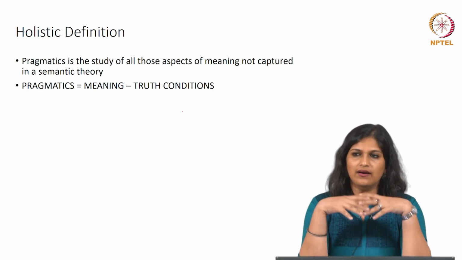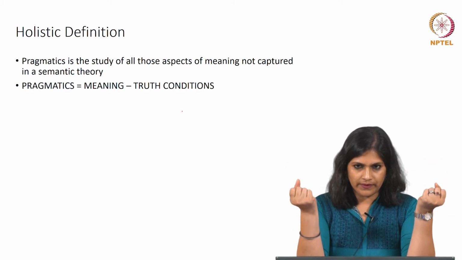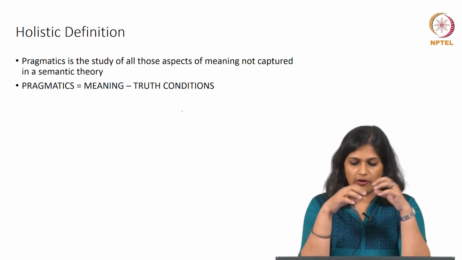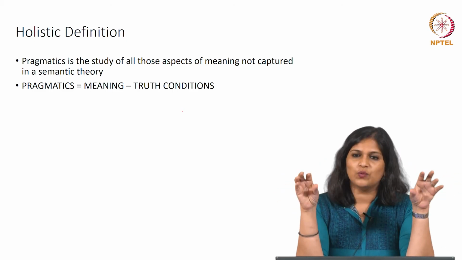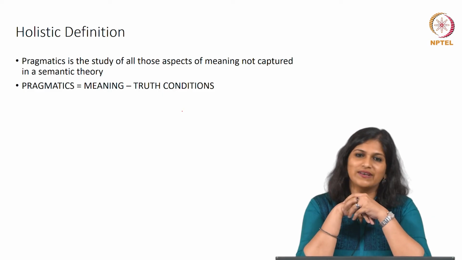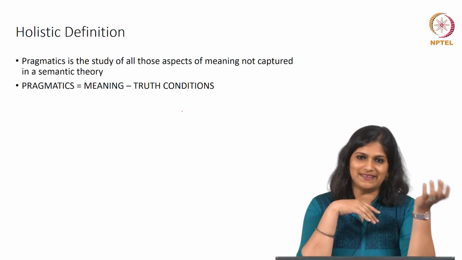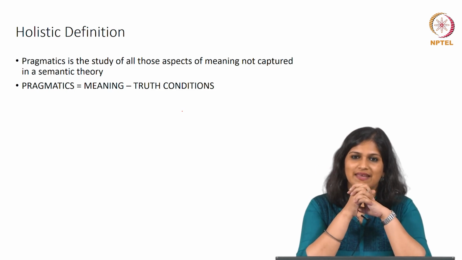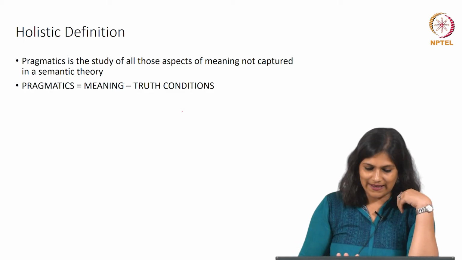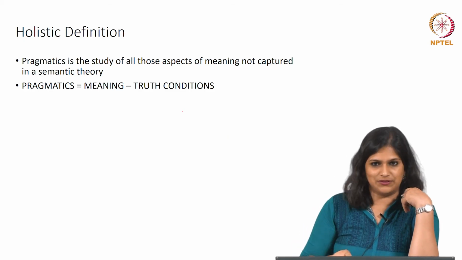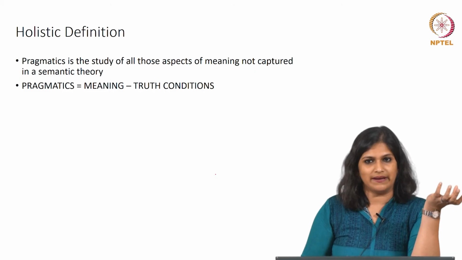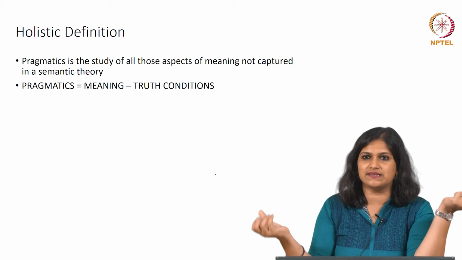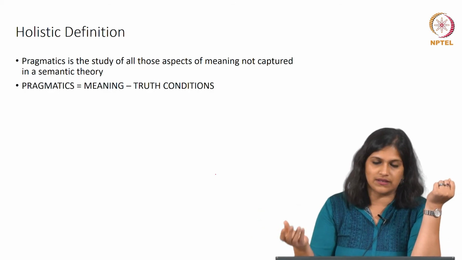To summarize what I have said so far, pragmatics is the study of all those aspects of meaning which are not captured in a semantic theory. Semantic typology I have already discussed, and it is the most abstract thing in linguistics as a discipline. Anything that semantic theory cannot capture can be captured by pragmatics because of its broad, inclusive domain.